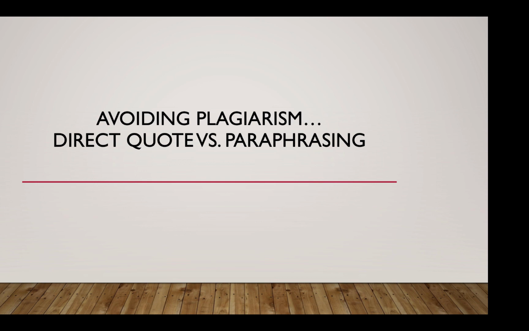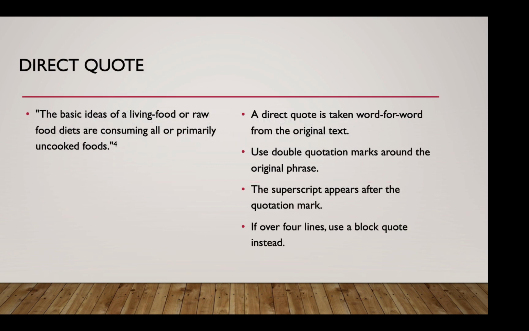So let's talk real quick about avoiding plagiarism, direct quotes versus paraphrasing. So direct quotes is something that's taken word for word from the original text. And sometimes it's important to do a direct quote. Maybe you really want the clarity of whatever the person said not to be lost.